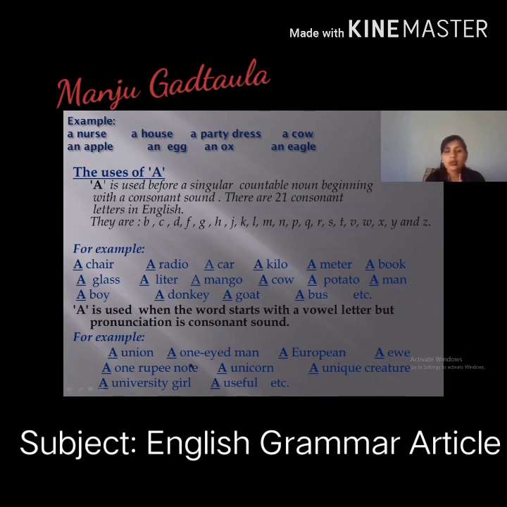These given words all start with a vowel letter, but their initial pronunciation is a consonant. So we say a union, a one-eyed man, a European, a EU, a 1 rupee note, a unicorn, a unique creature, a university girl, a useful, etc.